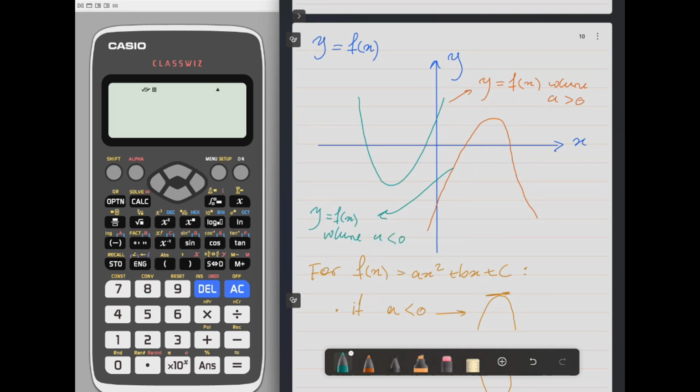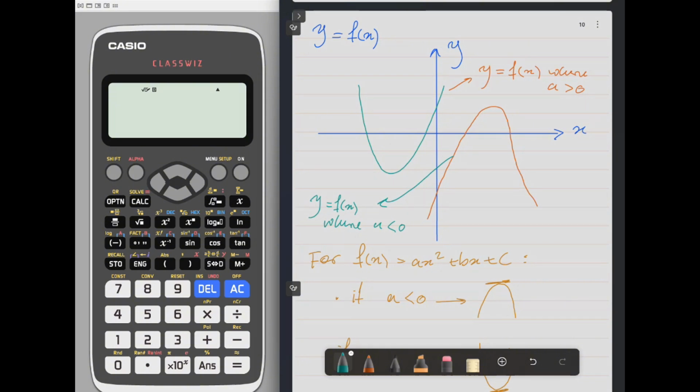So guys, if you have a greater than 0, then your graph will be like this. The only thing that changes is the roots of this f of x, which are here and here.